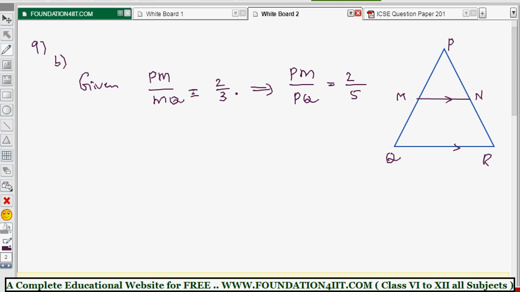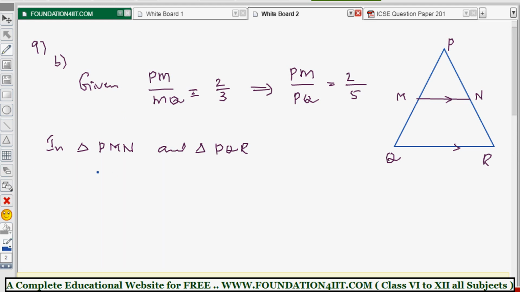So now in triangle PMN and triangle PQR, if we prove these two similar, we can apply the similarity properties.